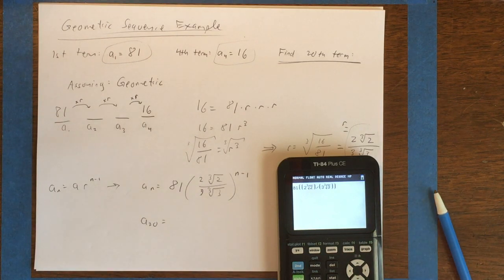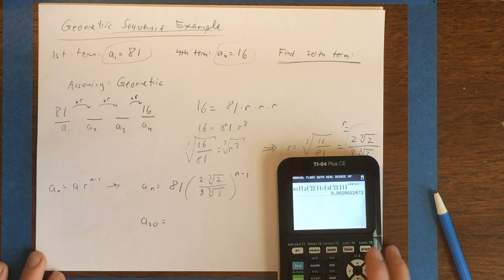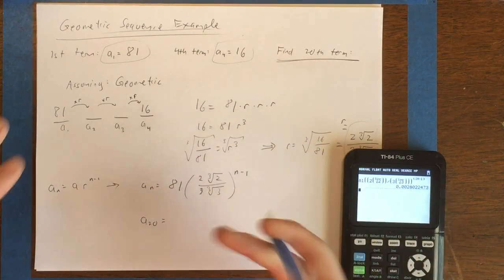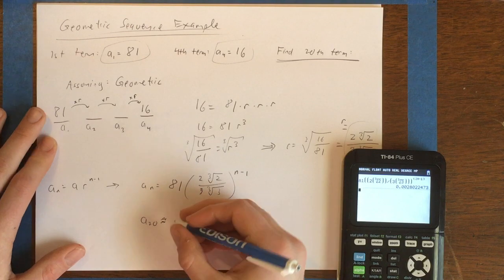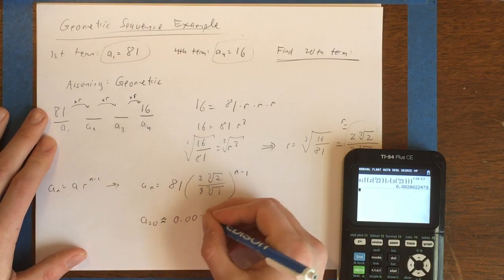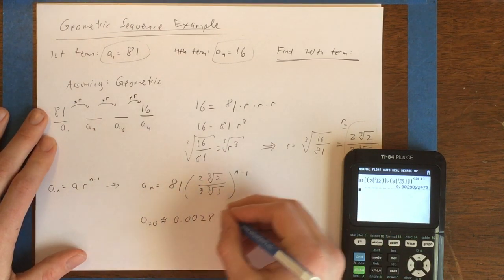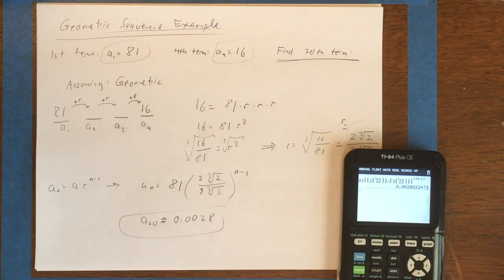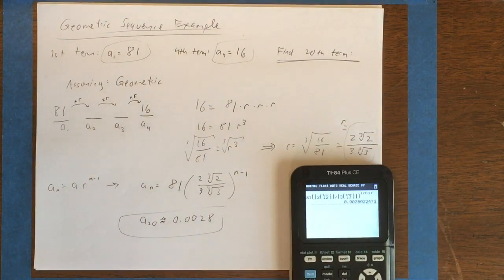So there's our entire r value, and then we'll raise to a power, and again I'll do parentheses, and do 20 minus 1. So I could have just written 19, I guess. But there's the formula, and that gives me approximately, this is a very, very small number, approximately 0.0028. We'll leave it at that. So that's A20. And there we go.